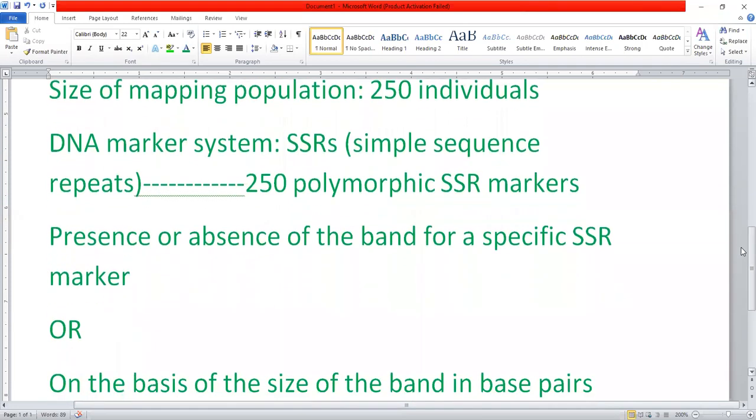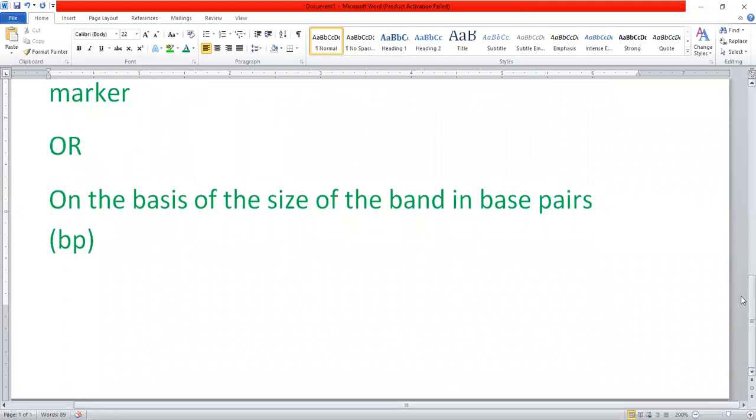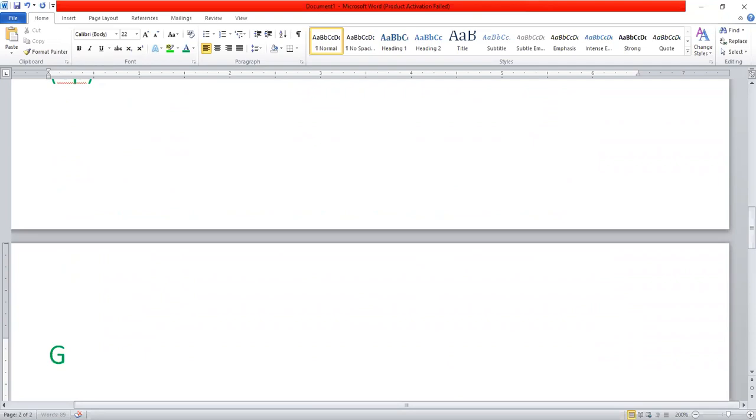So what are the steps involved in the genotyping process?